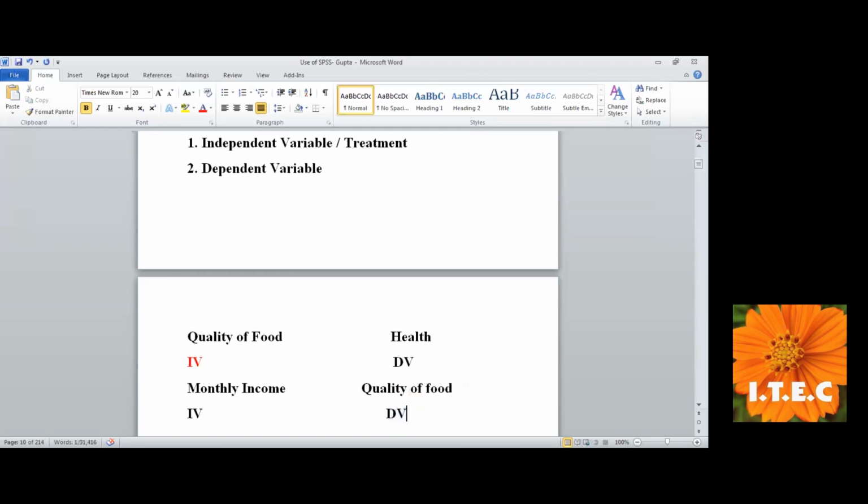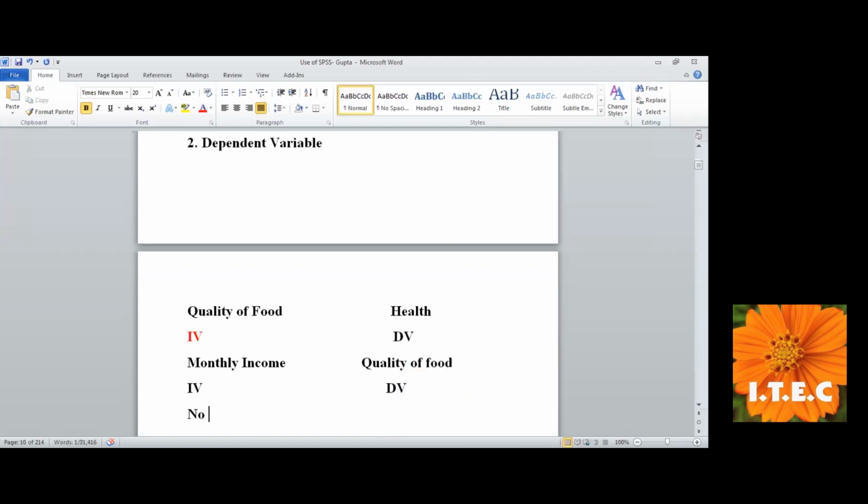Let me write. No variable forever is independent. No variable forever is dependent or independent.